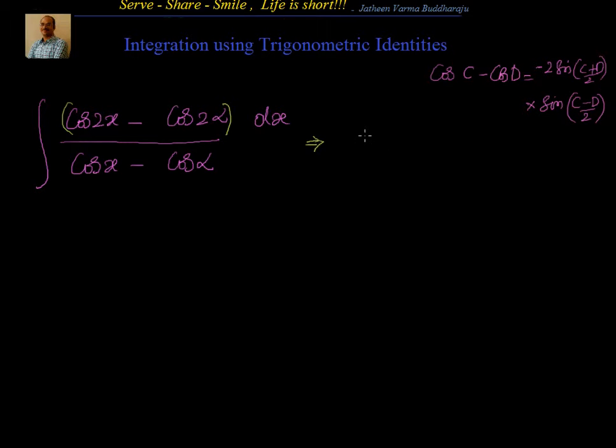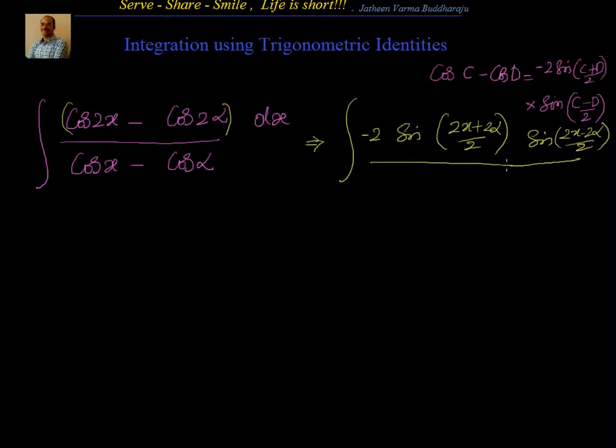This is the formula we are going to leverage. So let's go ahead and write our first step. Our first step will be integral of cos 2x minus cos 2 alpha, with c and d, I have to do c plus d by 2. I'll write it as minus 2 sine of 2x plus 2 alpha by 2 and sine of 2x minus 2 alpha by 2, divided by minus 2 sine of x plus alpha by 2 and sine of x minus alpha by 2.